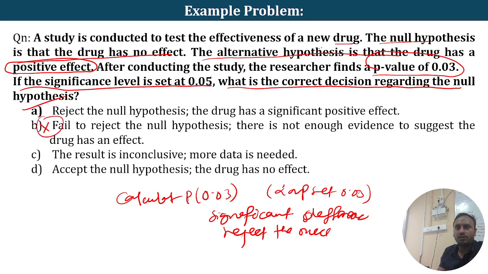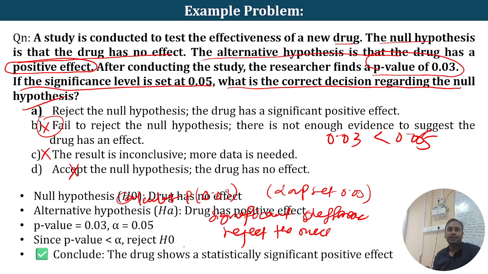No, because 0.03 is less than 0.05. And we don't have to accept the null hypothesis, so that can't be correct. The null hypothesis is that the drug has no effect; the alternative is that it has a positive effect. Since the p-value is less than alpha, we reject the null hypothesis. The conclusion is that the drug has a statistically significant positive effect.